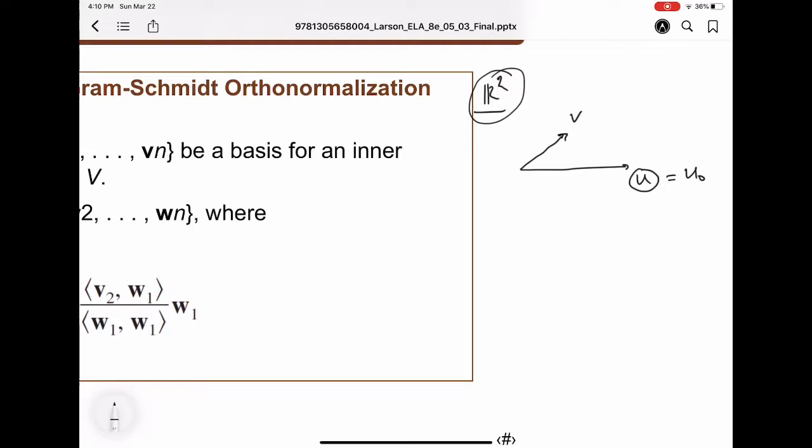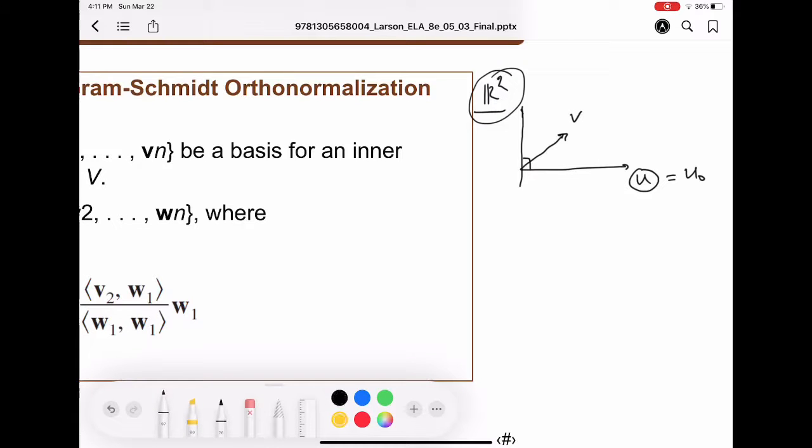So how to make a vector orthogonal to u from v? Just take the perpendicular straight line, which is pretty simple. But somehow we have to relate it to v. Here's the thing: we learned the orthogonal projection of one vector onto another. So from v, we can find the orthogonal projection of v onto u.